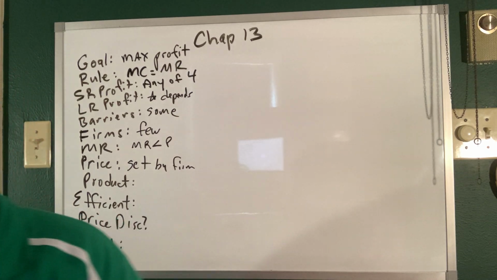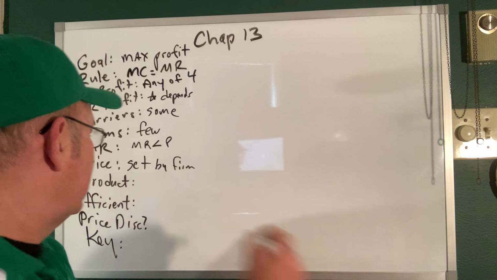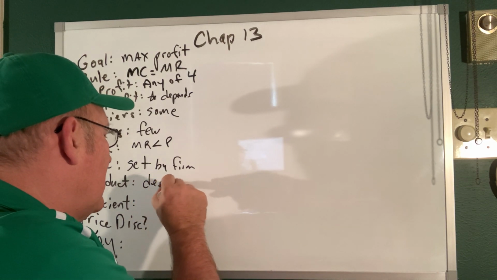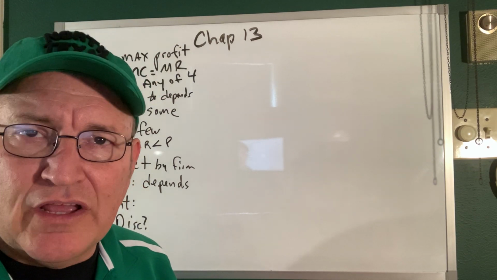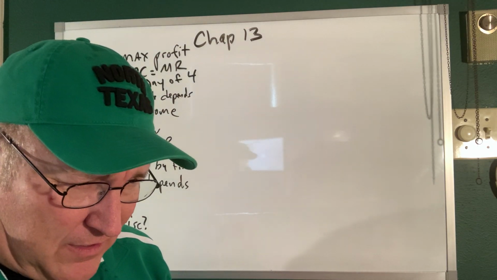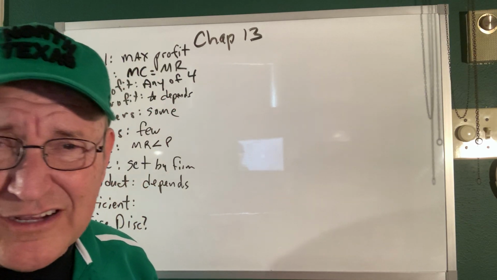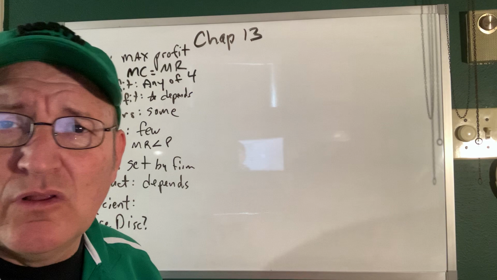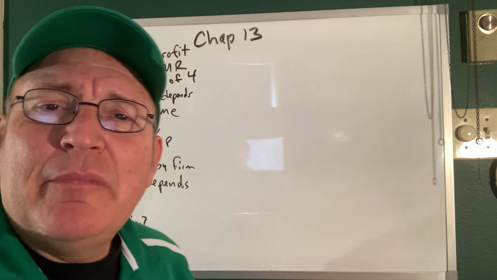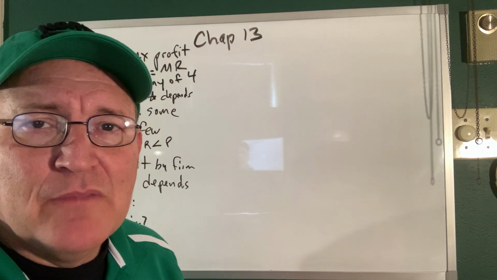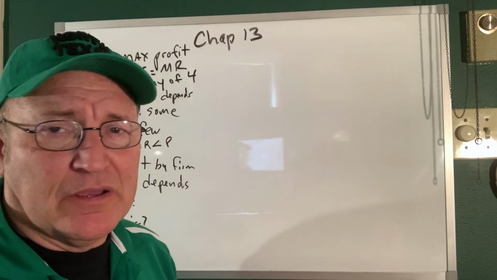Okay, product. Now the product is again kind of interesting because it depends. In some oligopolies, the products trend towards unique. In other ones, they trend towards more interchangeable or commodity, kind of like a perfectly competitive market structure. And let me give you an example of kind of what I'm talking about, right? And then sometimes differentiation is a big player.